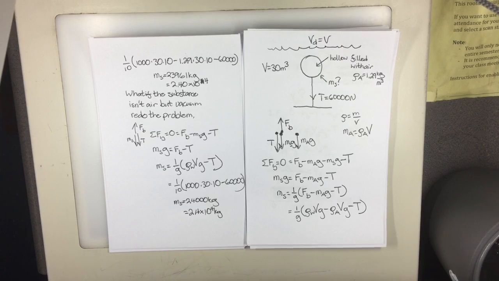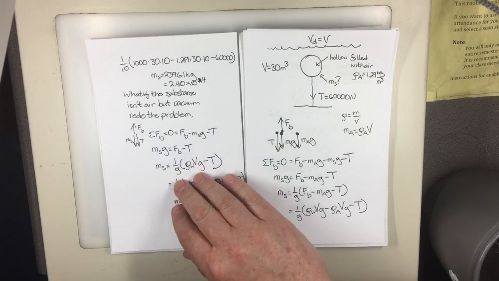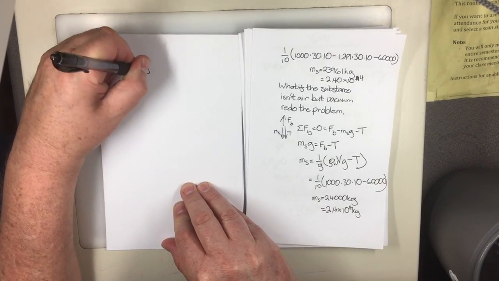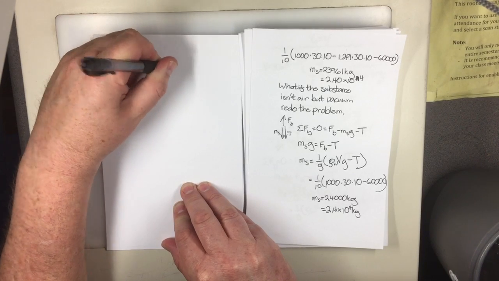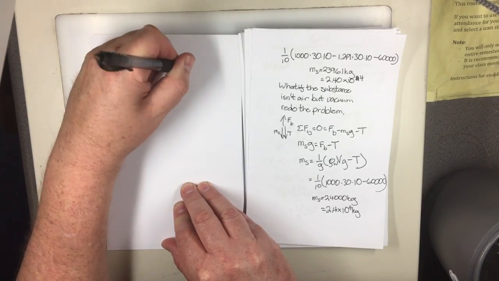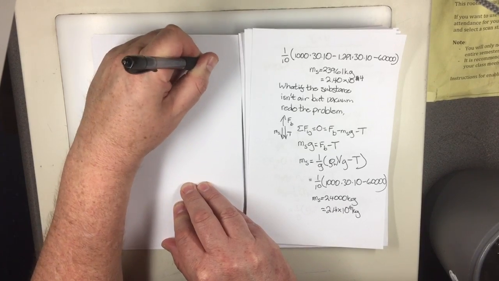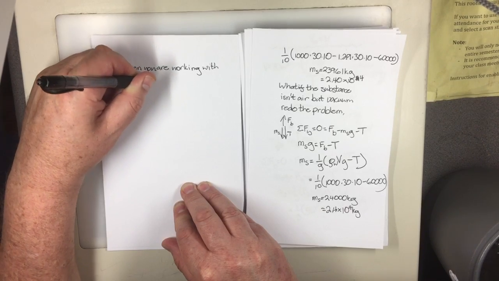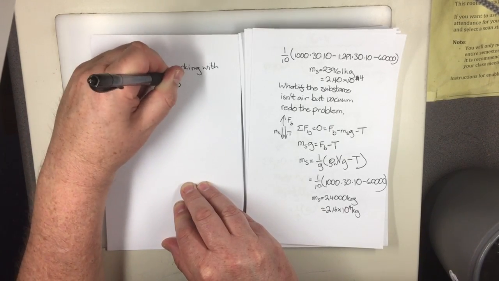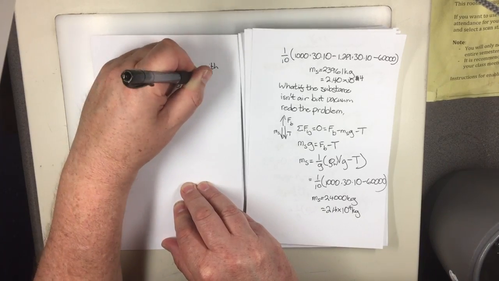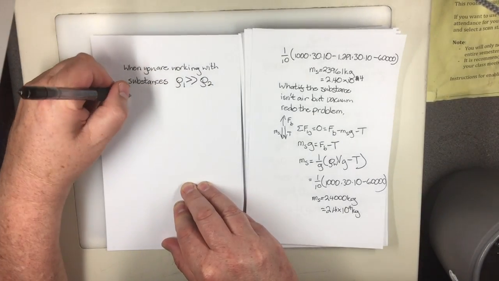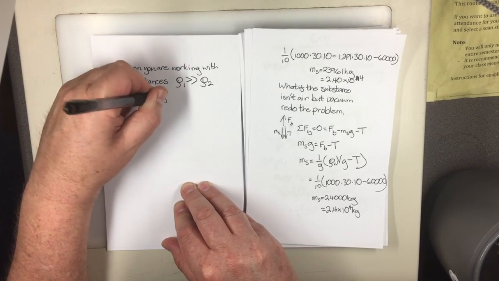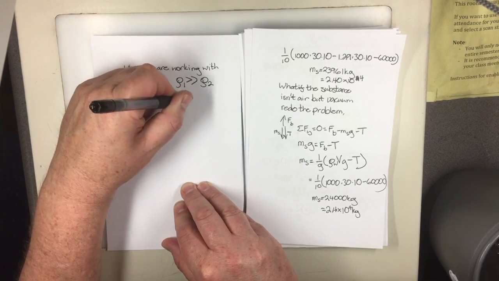What I'm trying to teach is, when you are working with substances where the density of one is significantly greater than the density of the other, you can ignore rho 2.